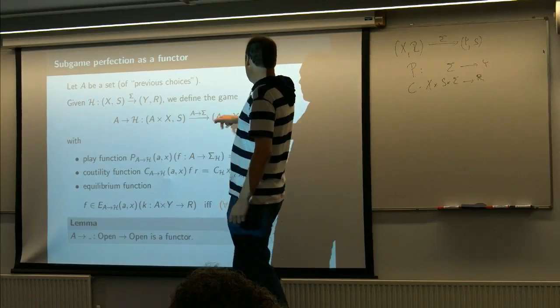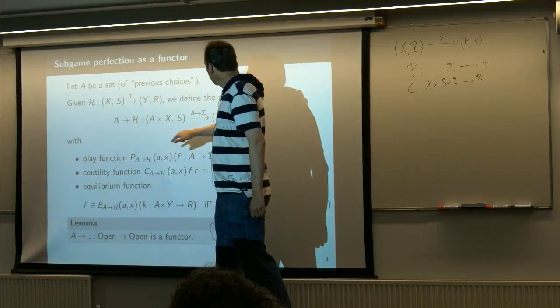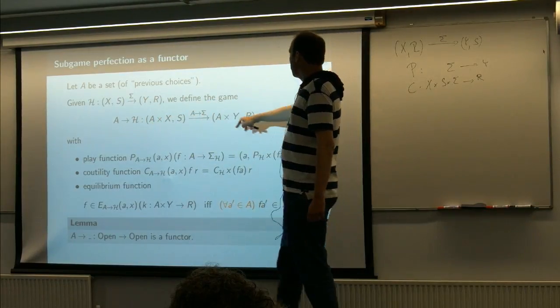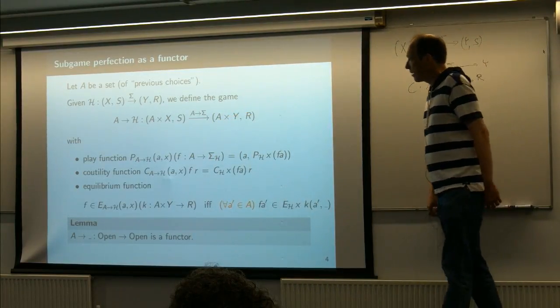And then strategies are now not just the strategies before, but functions depending on where we are. And then we get again an A and a move in the game.